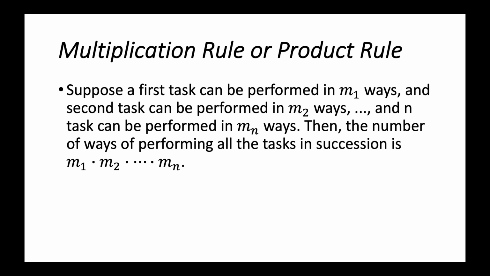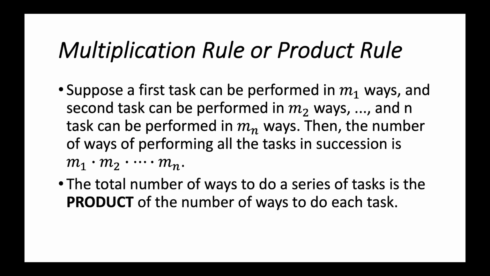Then the number of ways of performing all those tasks in succession is m sub 1 times m sub 2 and so on times m sub n. It only means that the total number of ways to do a series of tasks is the product of the number of ways to do each task.